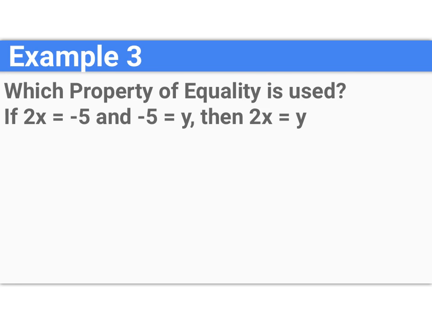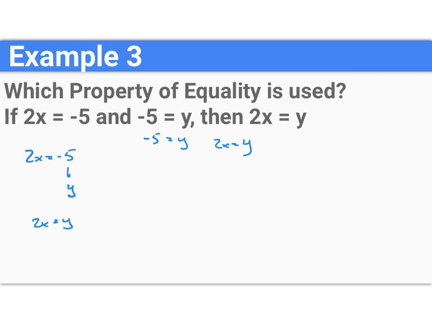Okay, which property of equality is used if 2x equals -5, and -5 equals y, then 2x equals y. So what are we saying here? 2x equals -5, -5 equals y, we got y here. So now we're seeing 2x equals y, because y is -5.